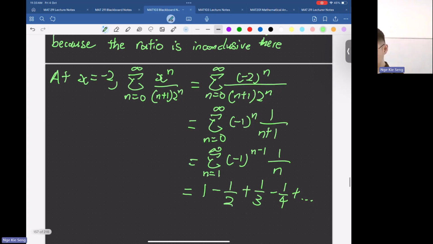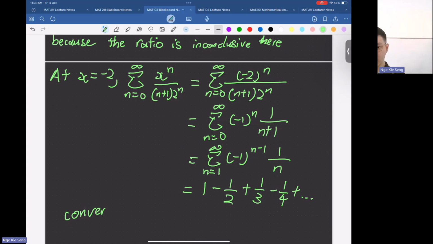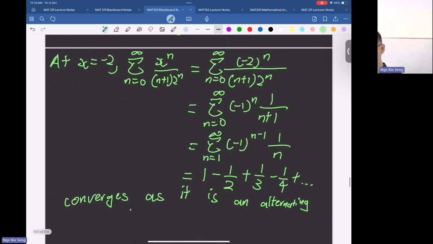Exactly, this is the alternating harmonic series, which we have shown converges by the alternating series test. If you forgot, then you need to redo the alternating series test. If you remember, then you can say that this is the alternating harmonic series.